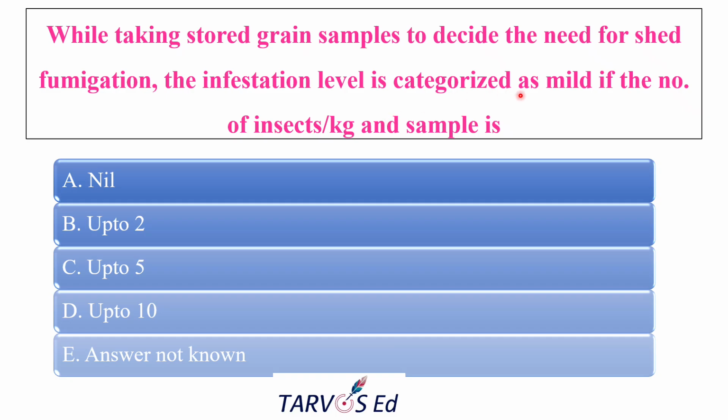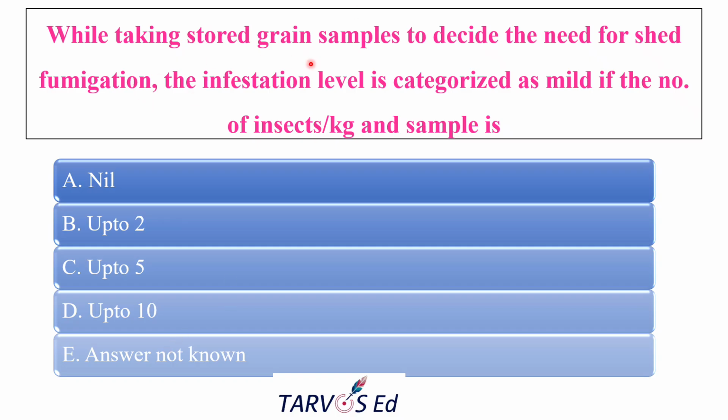Here they already categorized it as mild, and those will be needing shed fumigation. Okay, and they ask how many should be present per kg. Options: A nil, up to 2, up to 5, up to 10, and answer is not known.